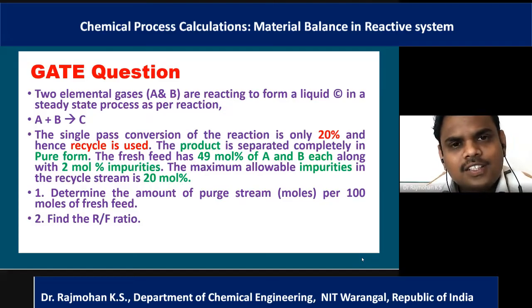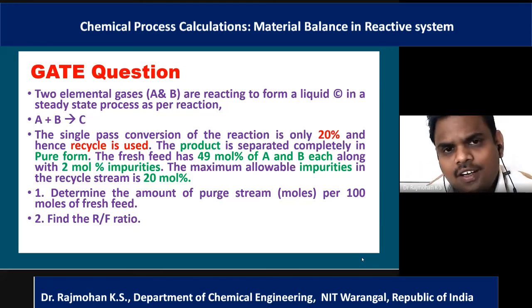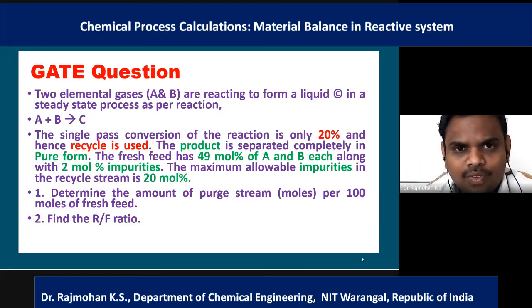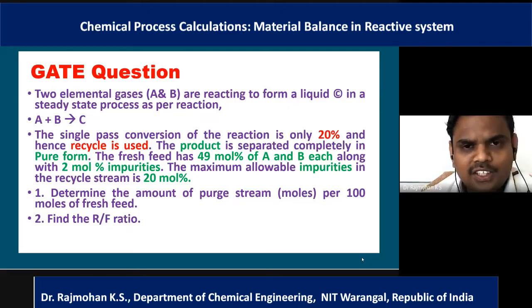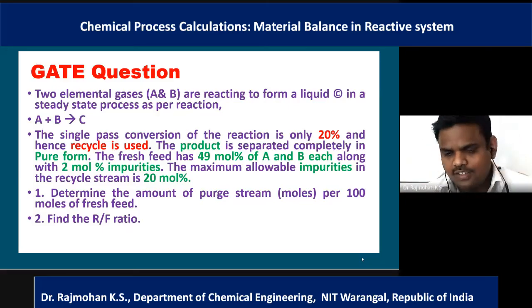Another important observation in the given data is that the feed contains A and B in stoichiometric ratio, which is 1:1, that is 49 moles each. If we consider 100 moles of feed, there will be 2 moles of inert, because 2% is impurities. Okay, it is easy to solve the problem.